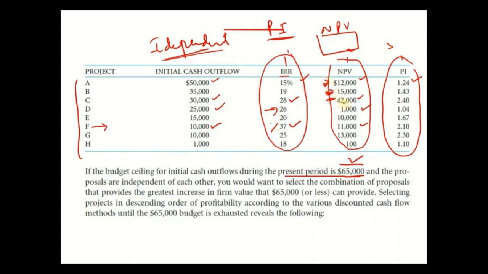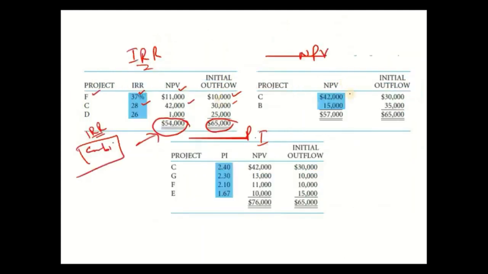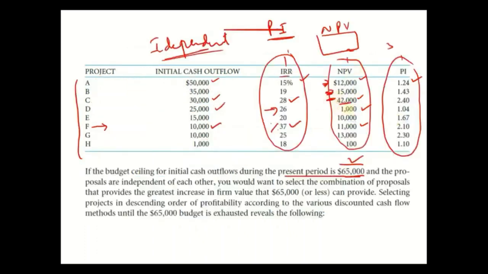If you select this 42,000, the cost is 30,000. So NPV 42,000, project C, and its initial cost is 30,000. After that you can select project B. It has an NPV of 15,000 and its cost is 35,000, so the total would be 65,000. So based on NPV you can select only these two projects.